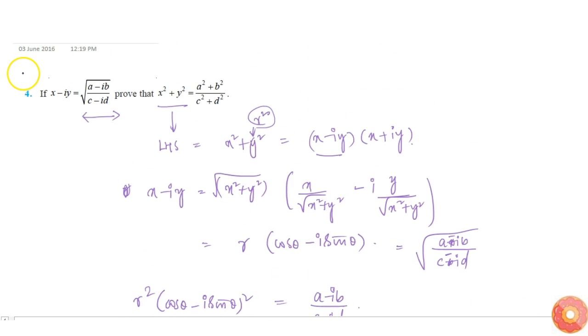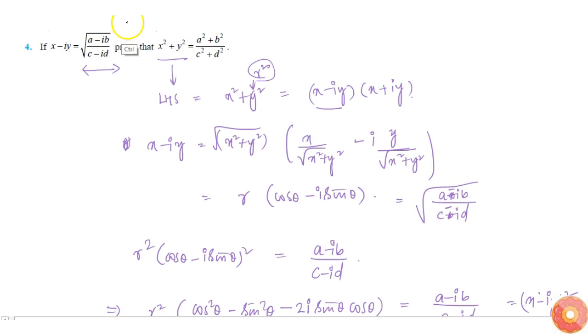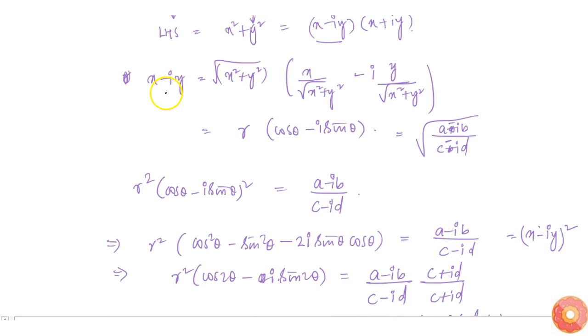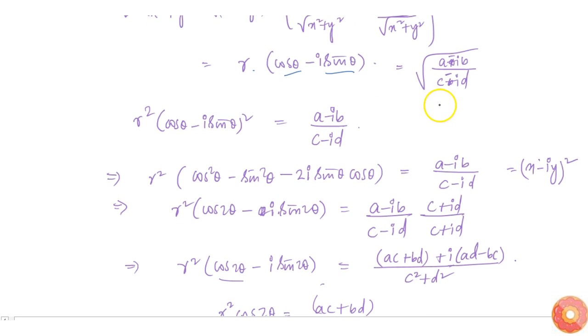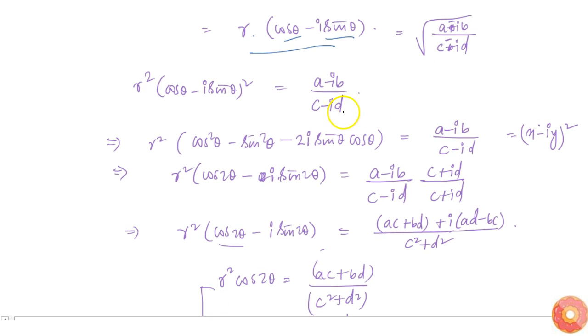As I check it, in the question we are asked what is r square, and here I got x minus iy, which I wrote as r into cos theta minus i sin theta, which is equal to square root of this part. If I square this whole thing, then this square root will just cancel out. From that I get r square into this part is equal to a minus ib by this thing into this thing.